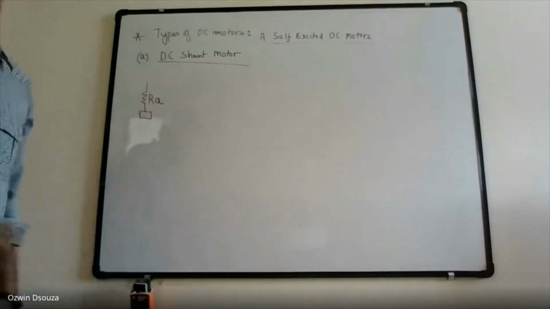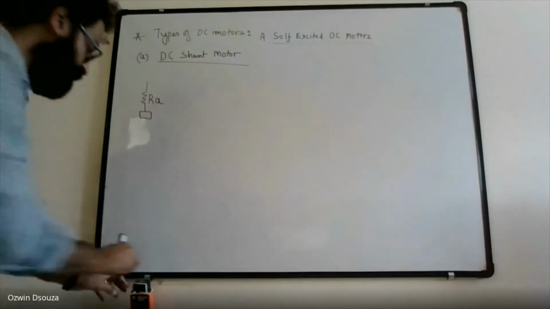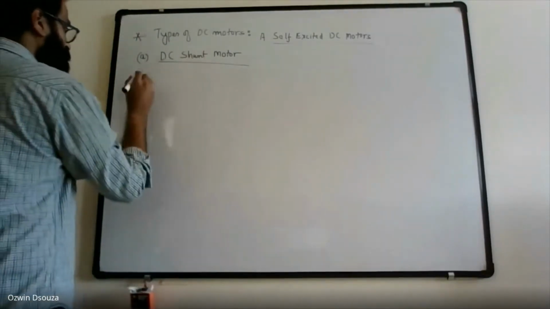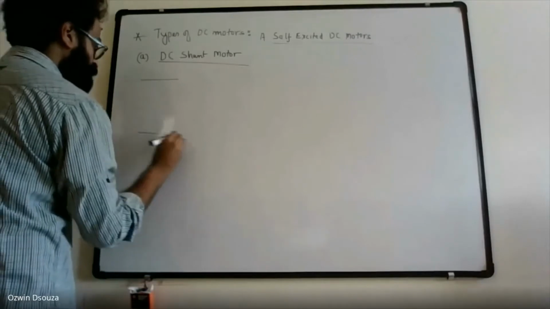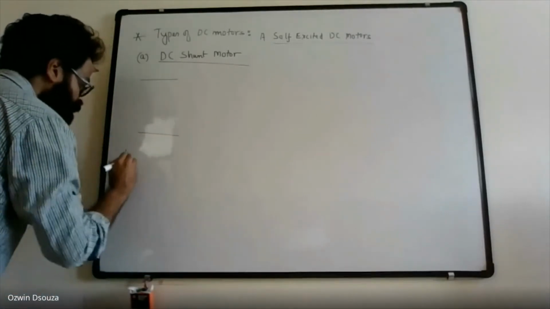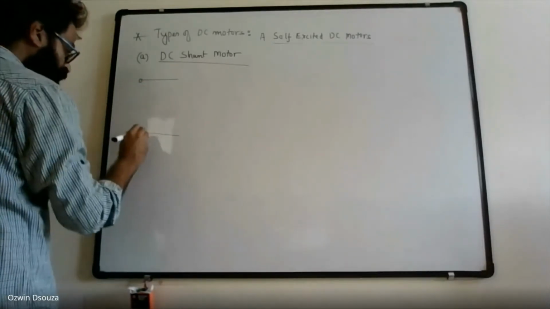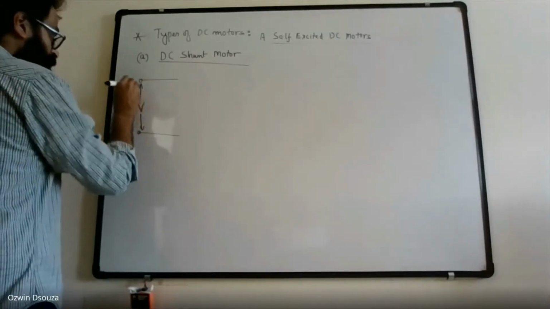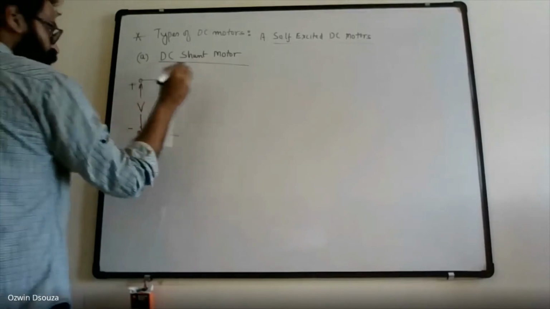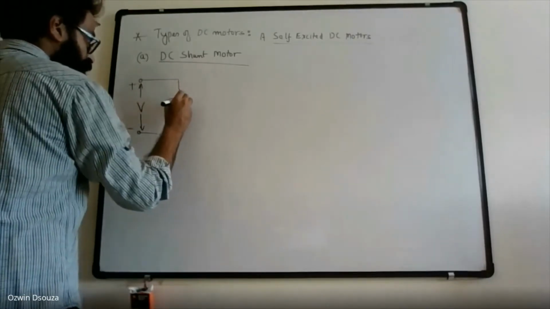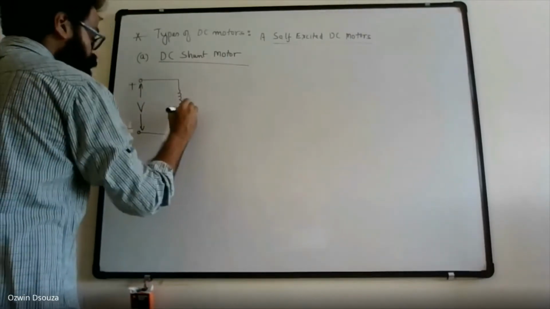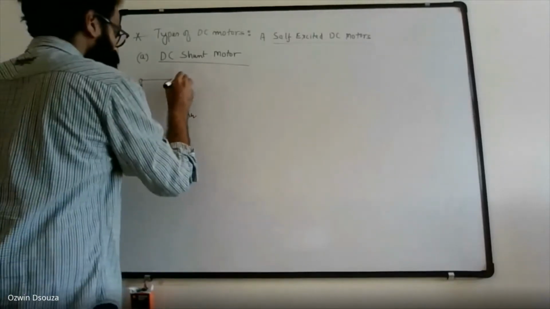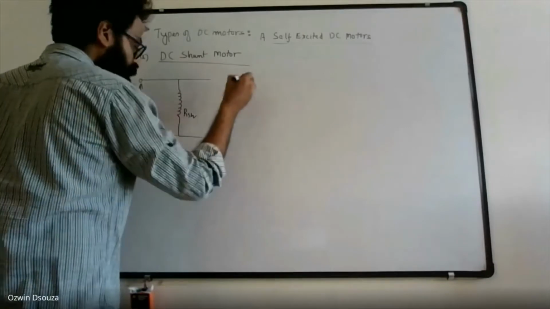I was doing the diagram the other way around, so let me just rewrite it this way. This is your input, which is electrical, so this is plus and minus. That's your input, and you have your shunt field winding, with resistance of the shunt field winding, say Rsh, followed by the armature.